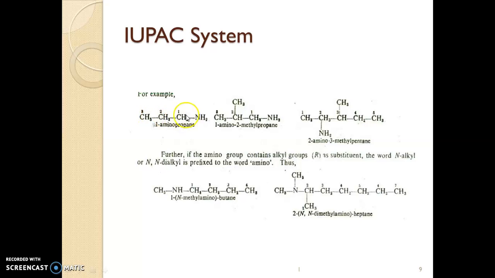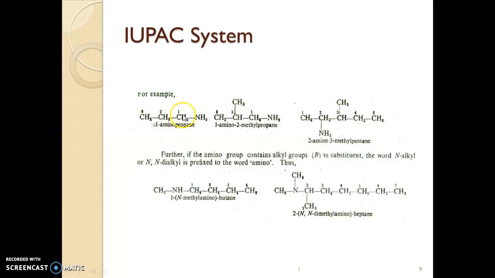See, this is the first structure, which contains the straight chain along with the functional group NH2. So we will select this as the longest continuous chain of hydrocarbon. Then we have to number in such a way that this carbon which bears the functional group gets the lowest possible number. So that's why we will start the numbering from the right side, 1, 2, 3.